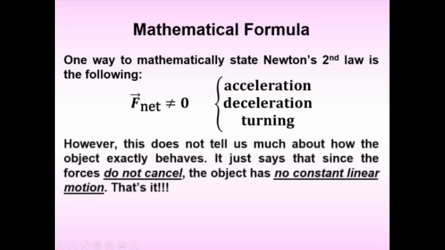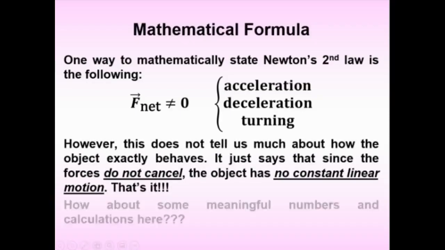So there's a problem with this statement. This doesn't really tell us much about the system. This only tells us that since the forces do not cancel out, the object has no constant linear motion. Well, physics can't be this ambiguous.